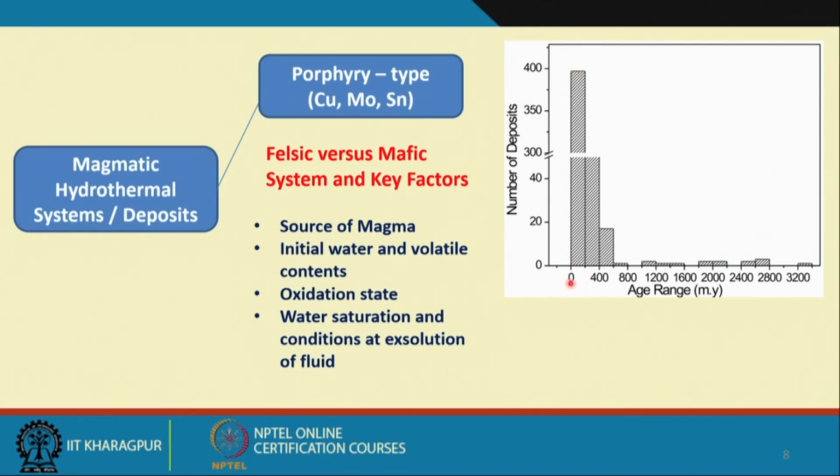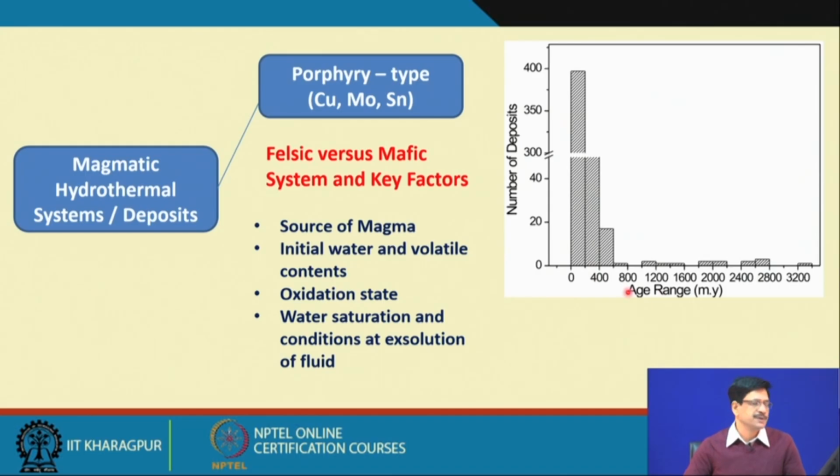Of about 1,000 such deposits studied all over the world, the majority are post Paleozoic, at least post Mesozoic, and there are hardly any representatives in older rocks. Deposits in the Precambrian are very rare.